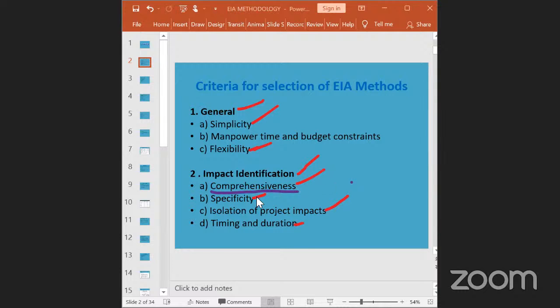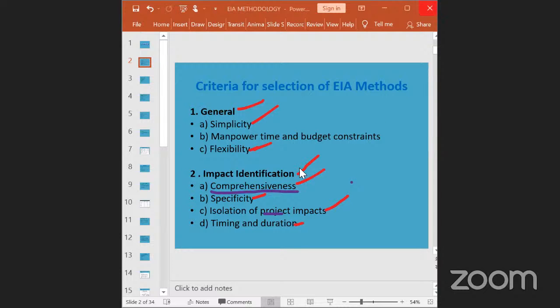The next, specificity. This methodology should identify specific parameters on which there would be significant impacts. And then next, isolation of project impacts. It should suggest procedures to identify the project's impacts as distinguished from future environmental changes that are produced by other causes, right?